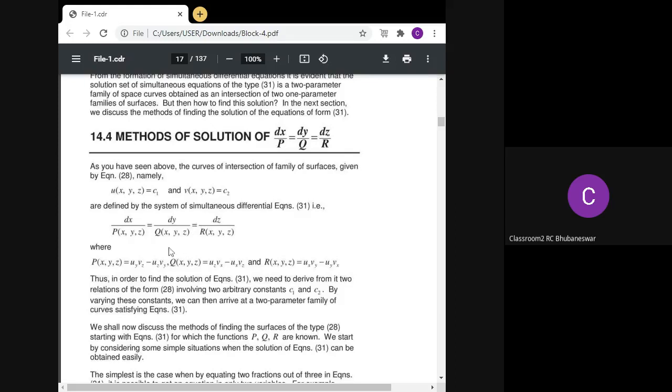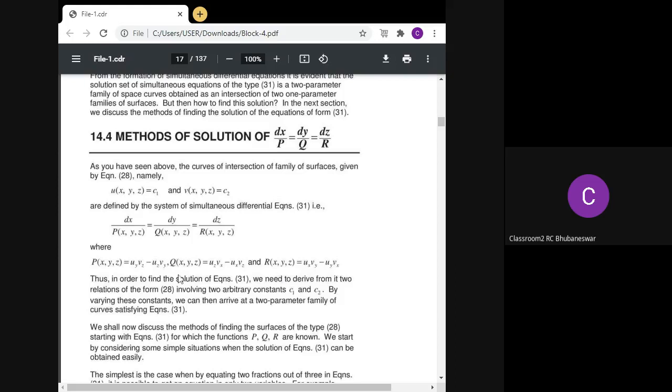So here again we write the value of capital P in the form of partial derivatives with respect to u and v, and similarly the other form of q, in terms of partial derivatives of u and v, and similarly the other form of r, partial derivatives of u and v.